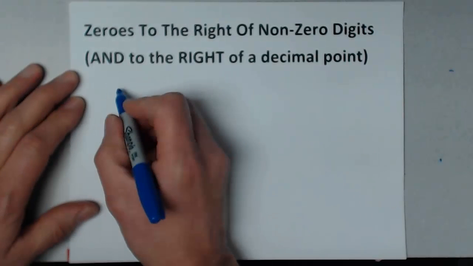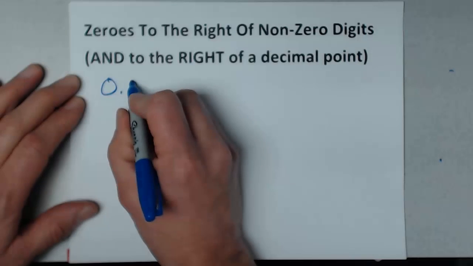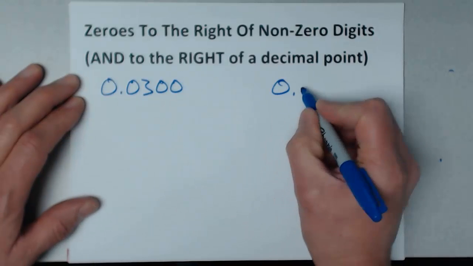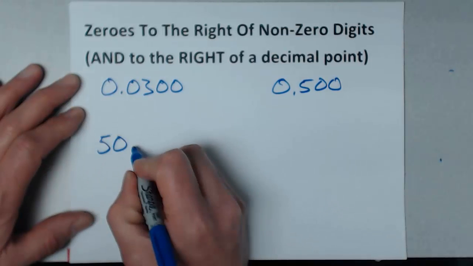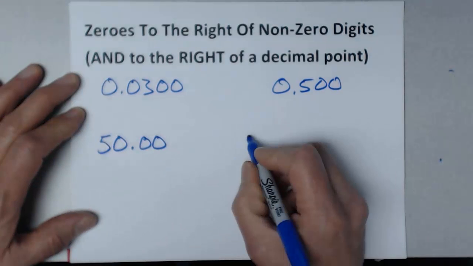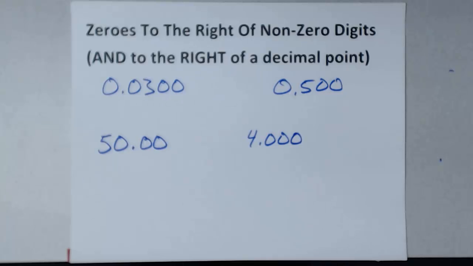Okay, in this case, this would be something like 0.0300 or 0.500, 50.00, or 4.000. Right.